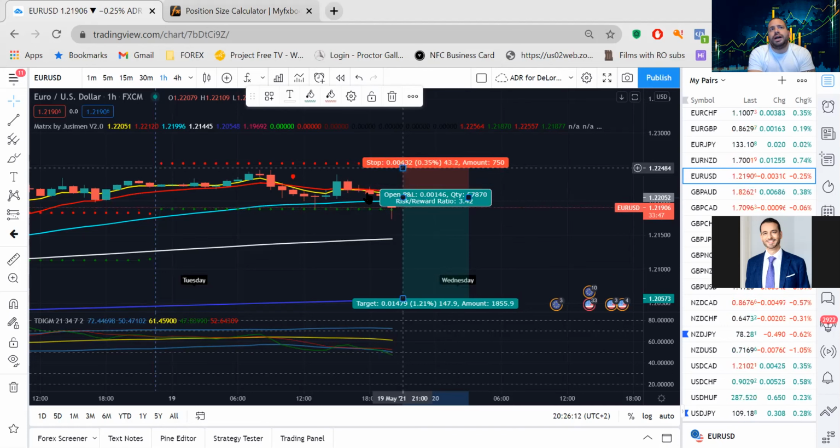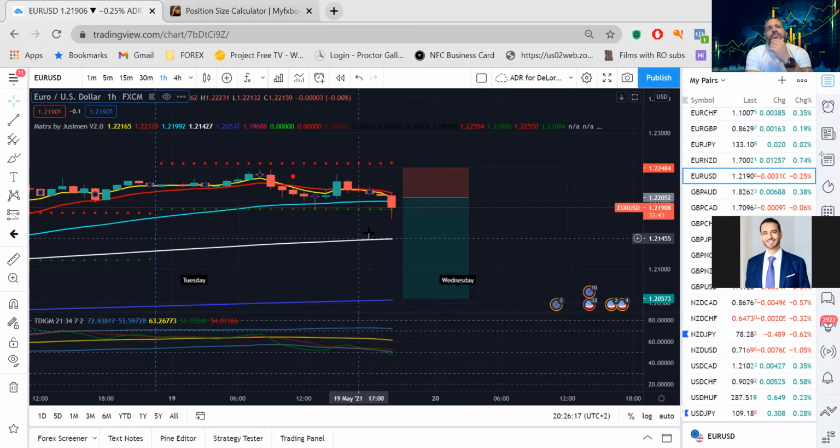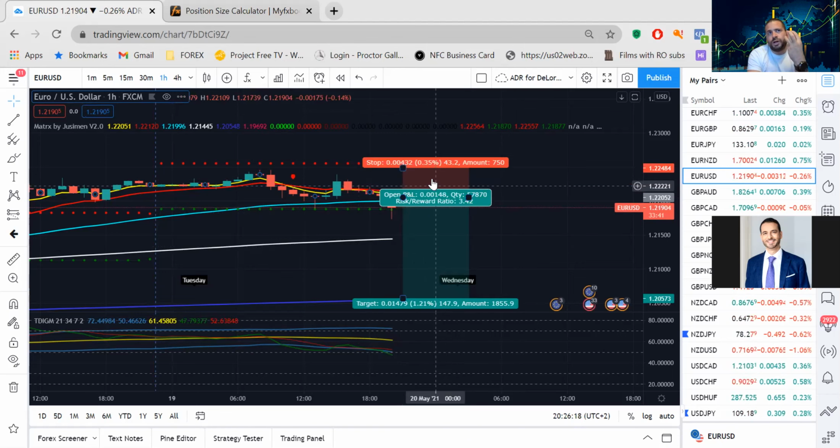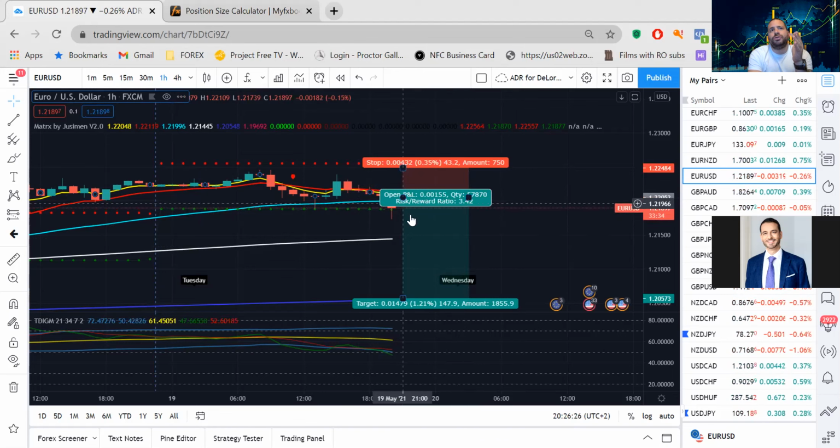So I've shown you now. I'll come back to TradingView and show you how to use it properly in a moment. But for now, I just want to highlight the point that we first identify what a trade is going to look like. We make sure that the risk to reward ratio is good enough, depending on the strategy you use. We identify the stop loss in pips.